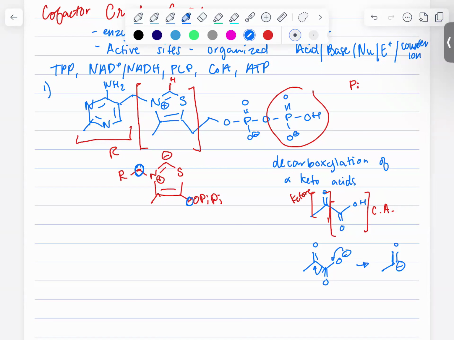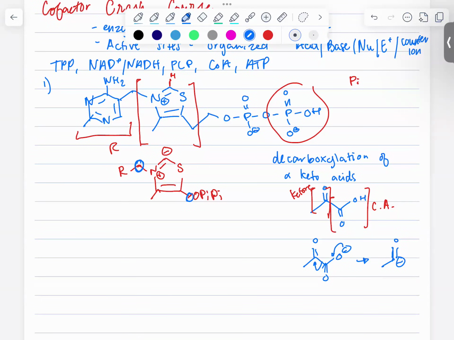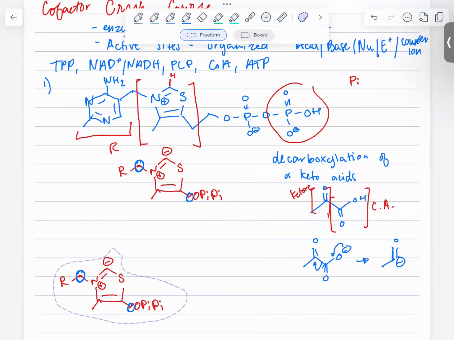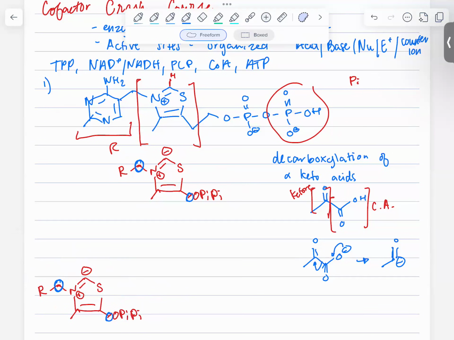So we can take our thiamine here, and our alpha keto acid.